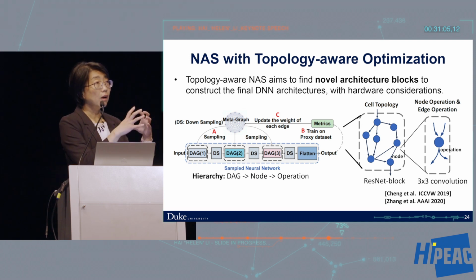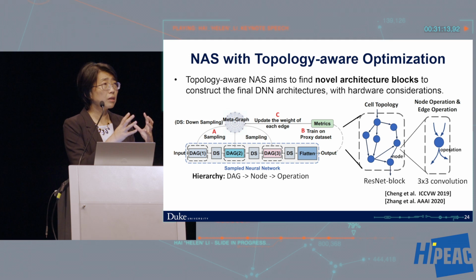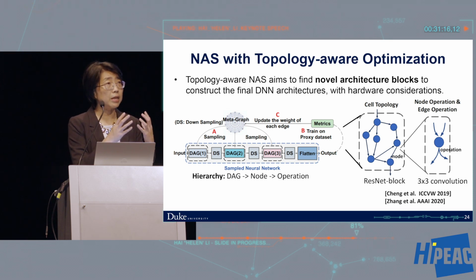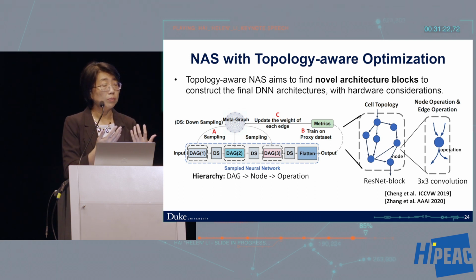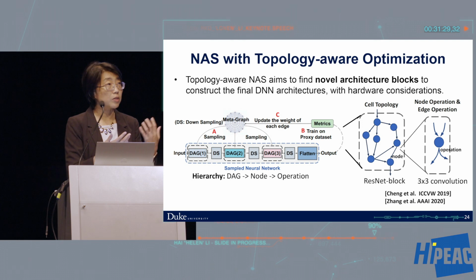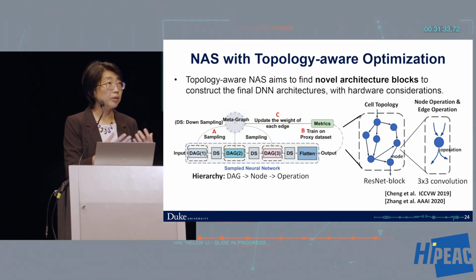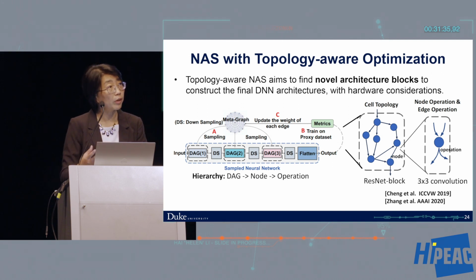So this DAG is constructed of some cell topologies, as I illustrate here. Each cell topology is trying to represent certain capabilities. In other words, at higher levels, it leads us to topology blocks, for example, a ResNet block or a MobileNet block, or even a combination of convolutional layers and pooling layers.